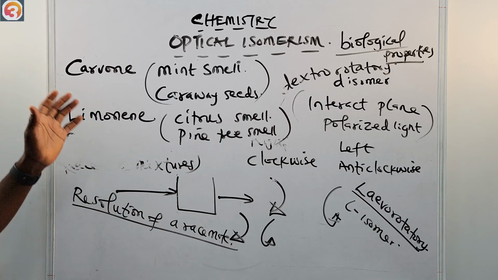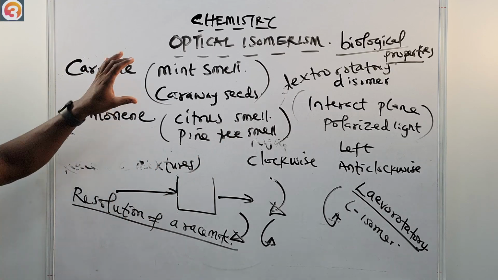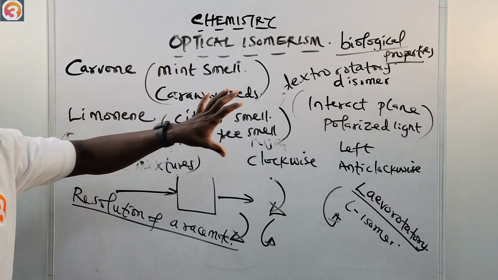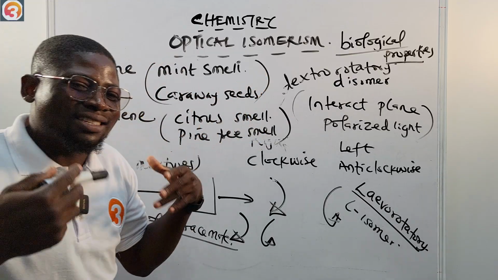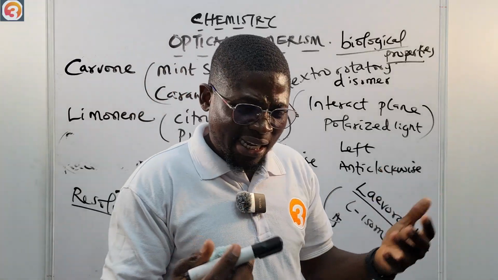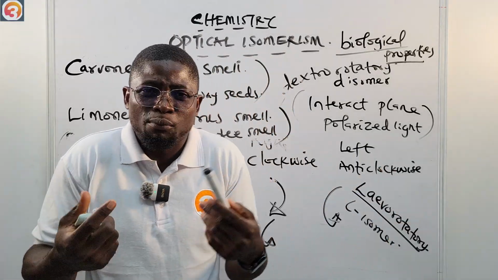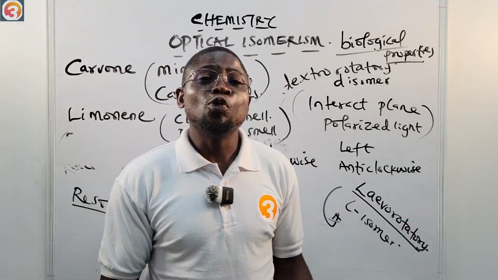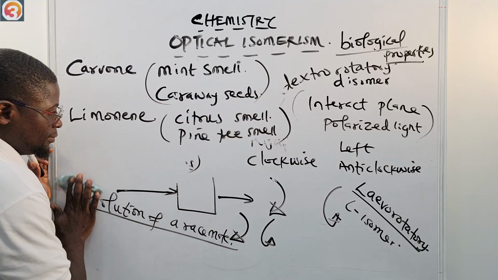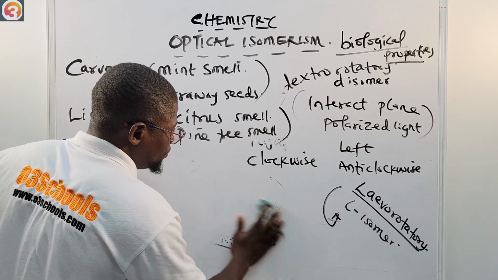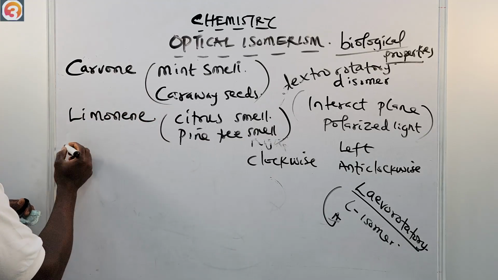They have the same molecular formula, the same structural formula, but of course their biological properties are different. But let us not talk about smell. Let's talk about a very good example that is applicable to human life. That is the one we call thalidomide. Thalidomide is an example.